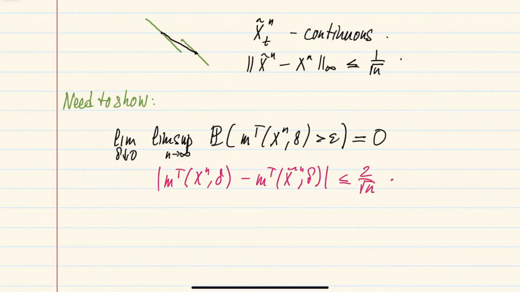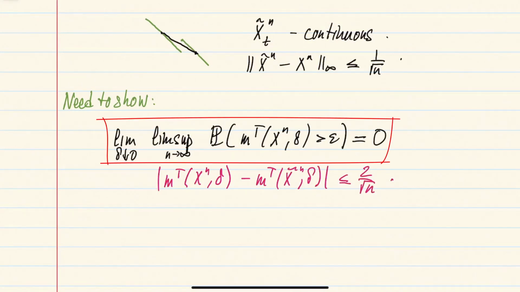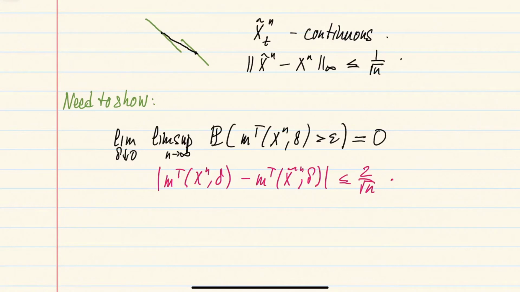Right? And so as a result, this statement for the modulus of continuity will be equivalent for both, and so we don't actually need to redefine our process, so we'll work directly with the process above.